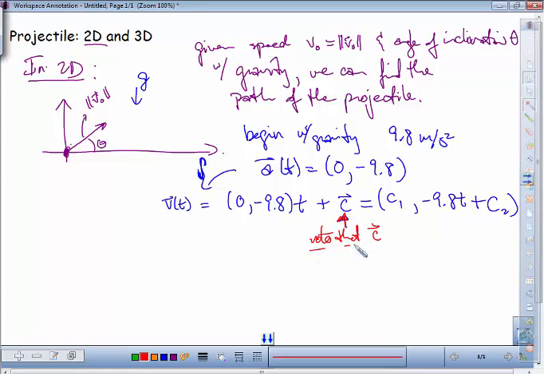So we can note that the vector c is the initial velocity. And if we can somehow identify this vector that we drew up here as the initial velocity vector, then we can replace c with that initial velocity. So we may need to call this your initial velocity.